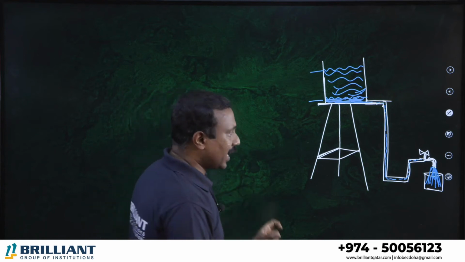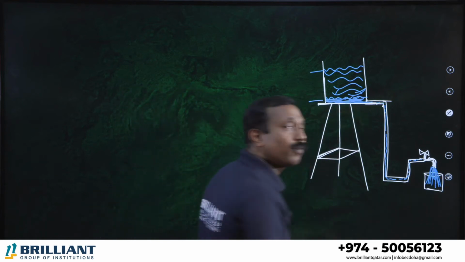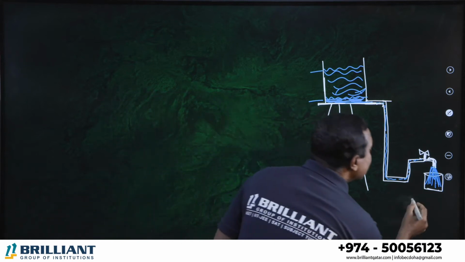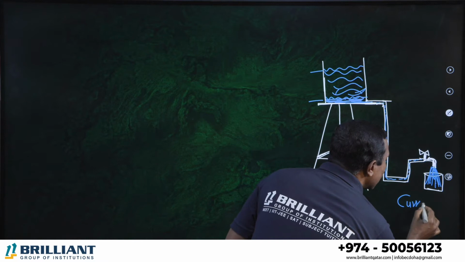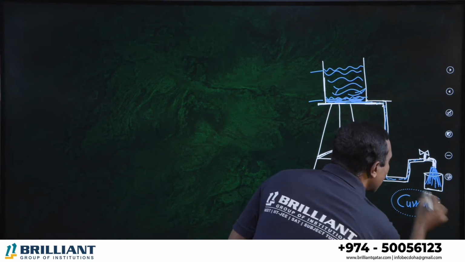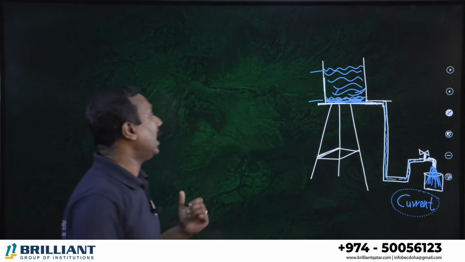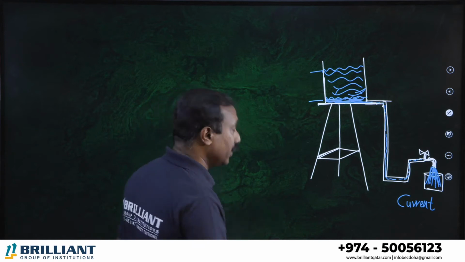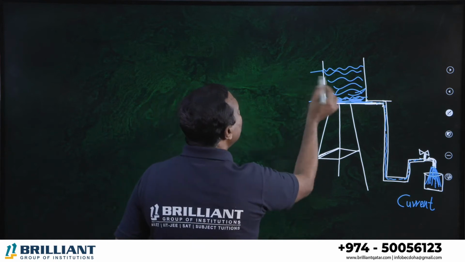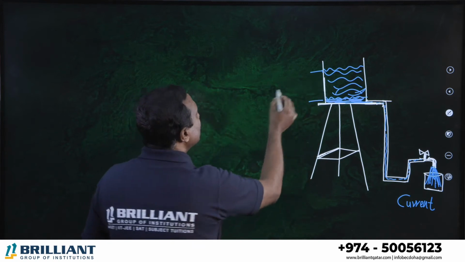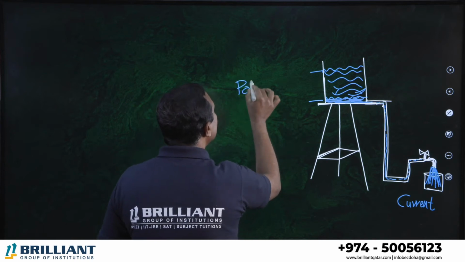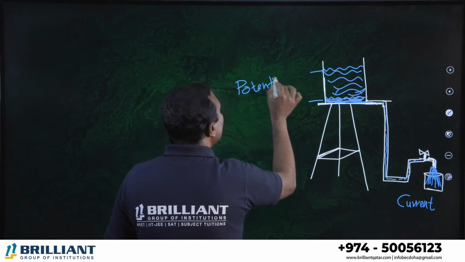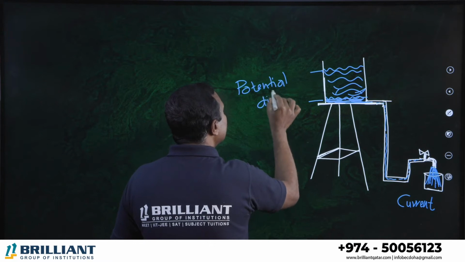So here, can I replace this water flow? Flow of anything we can represent using a technical term. What? It's current, right? The flow of water, can I replace it with the word current? And this level difference, now I am using another analogy. Analogous to this water level difference, I am using a new term, and that is our potential difference.